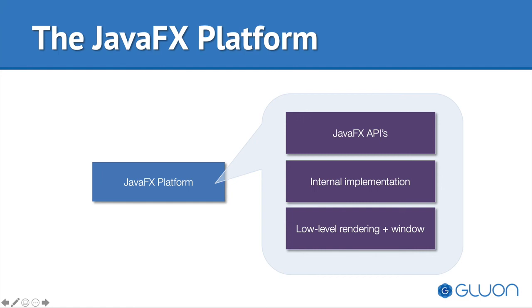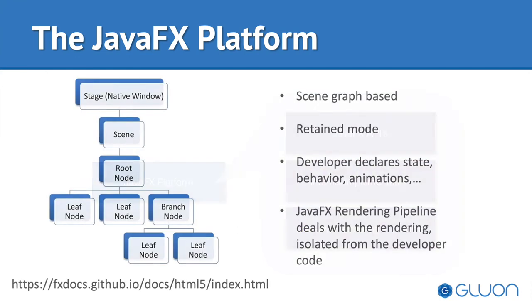There we are delegating the work to the low-level rendering components that are typically specific to operating systems. On macOS, for example, this is different than on Windows, and it is different than on Android or on Raspberry Pi with a touchscreen.